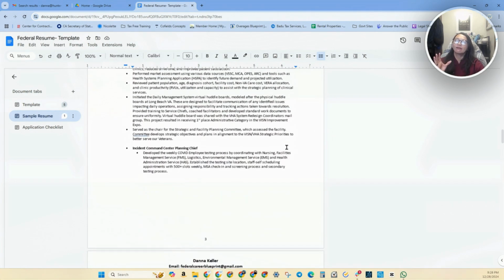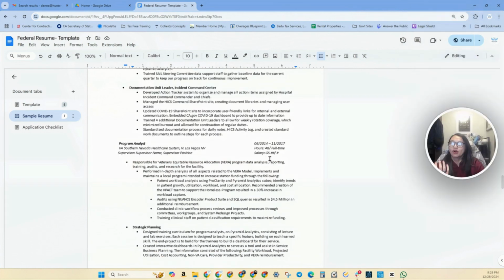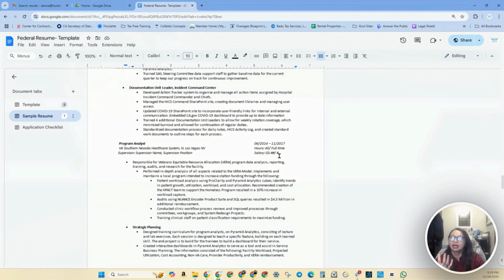Now, when you have what we call collateral duty, within a position you can have another job duty that's not full-time, but you take on to help the organization. As far as salary, make sure you put that on there. If it's the full annual salary, put the full amount, but if it's hourly, then put the dollar amount per hour.